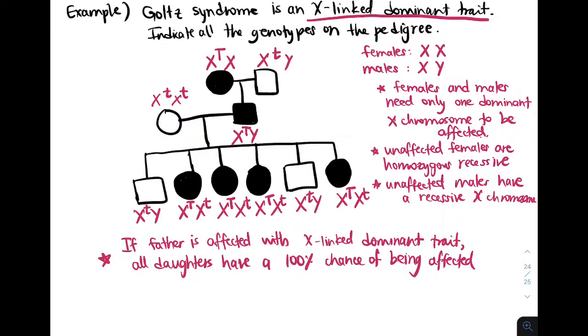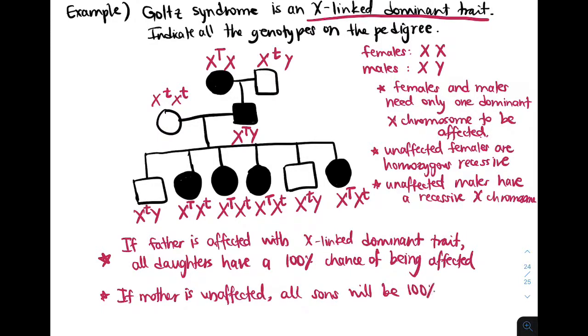So if their father has the dominant trait, then all daughters will receive that dominant allele. Also notice that here this mother has 2 little t alleles. So those are the only alleles that she can contribute to her sons. Therefore, if a mother is unaffected by an X-linked dominant trait, then all sons will be unaffected because sons receive their X chromosome from their mother.